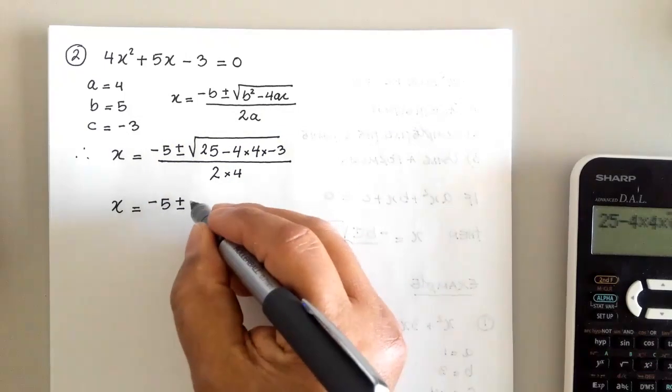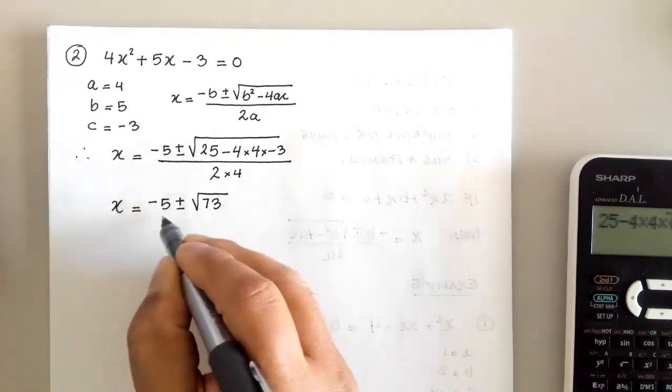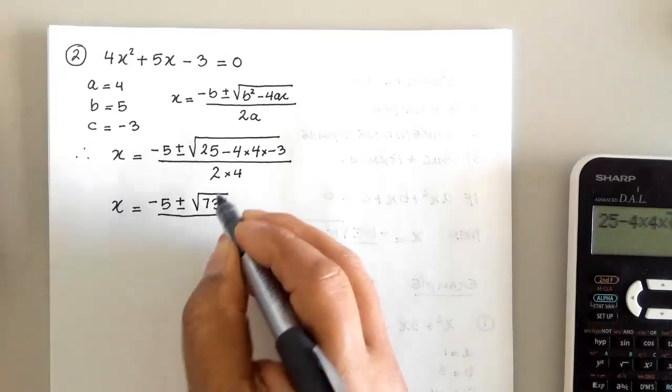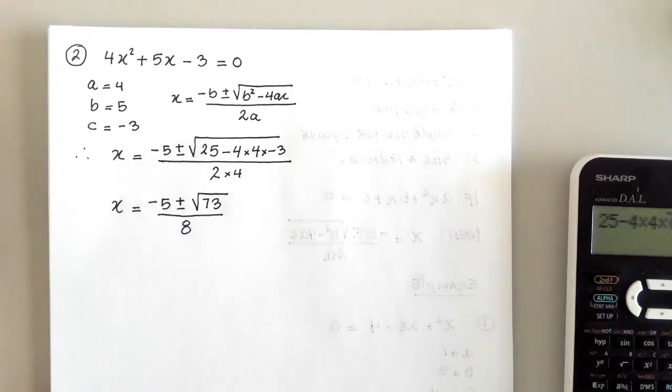So that is the square root of 73 and all divided by 8. We cannot simplify that, so that is going to be the answer, unless the question says find the answer correct to 1 decimal place. If that is the case, then you know what to do.